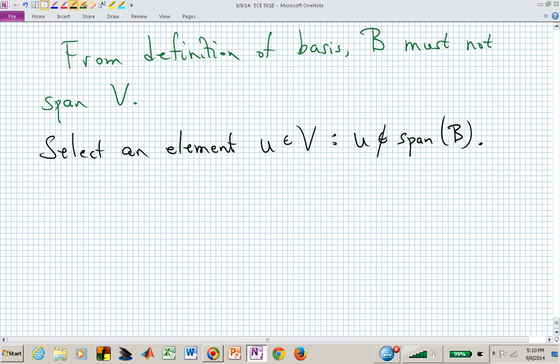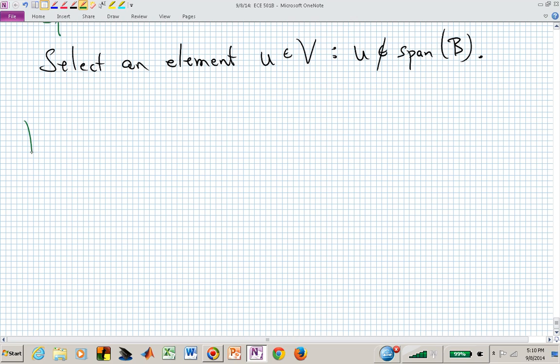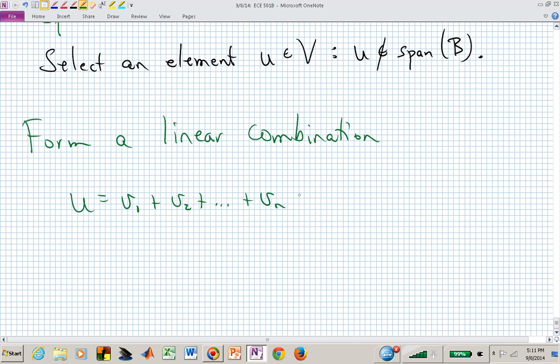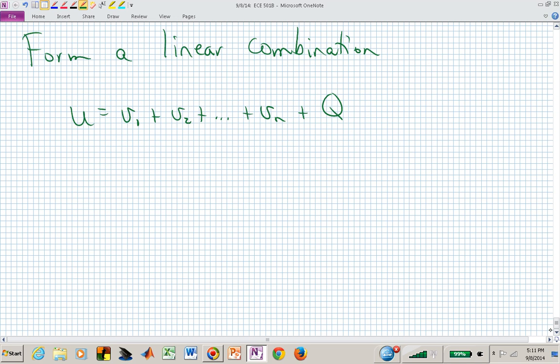So now let's use that to form a linear combination. Let's say U is now V1 plus V2 plus up to V sub n plus some vector Q. And we know Q is non-zero because U was not in the span of the V's.